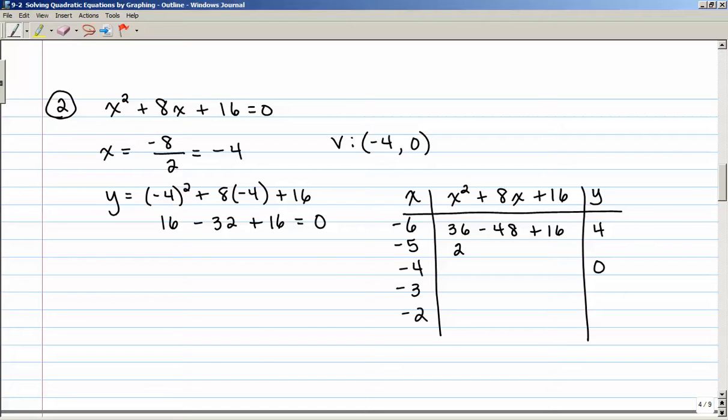Negative 5 squared is 25, minus 40, plus 16, and that gives me a 1. Negative 3 squared is 9, minus 24, plus 16, gives me a 1, and negative 2 squared is 4, minus 16, plus 16, and that gives me a 4. And notice my table looks right because I have the symmetry in my y values.